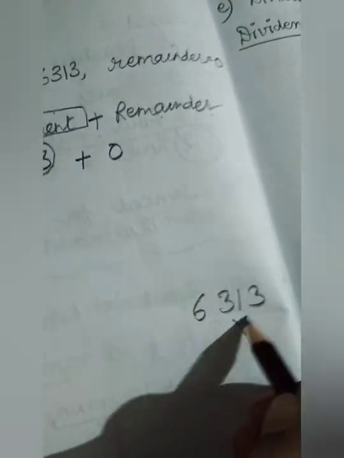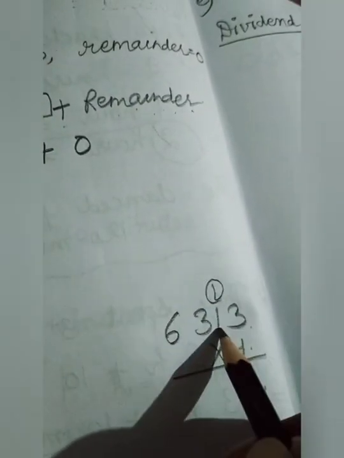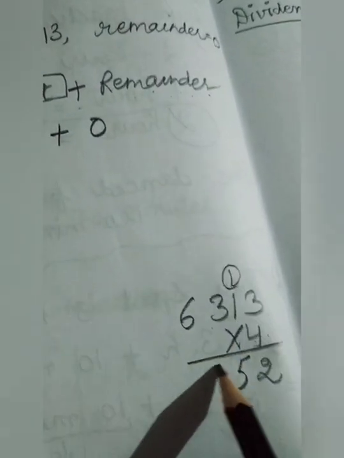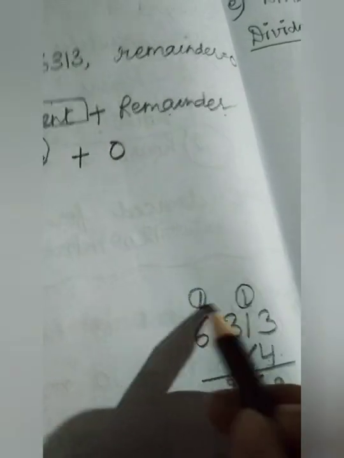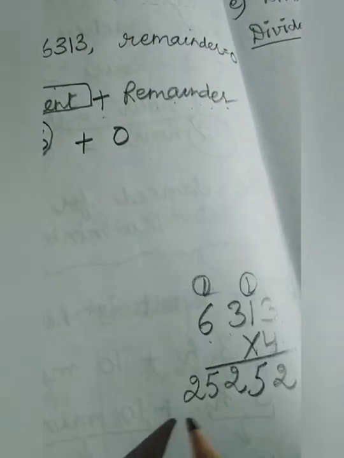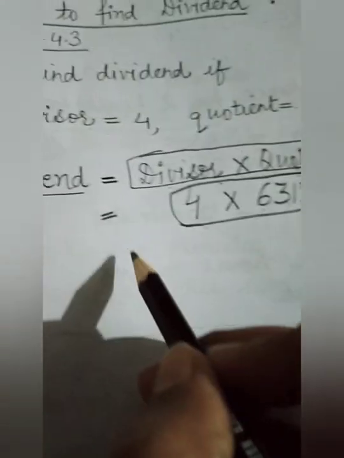6313 multiplied by 4. 4 3s are 12, 1 carry. 4 1s are 4, plus 1 is 5. 4 3s are 12, 1 again carry. 4 6s are 24, and 1 is 25. We got 25,252.